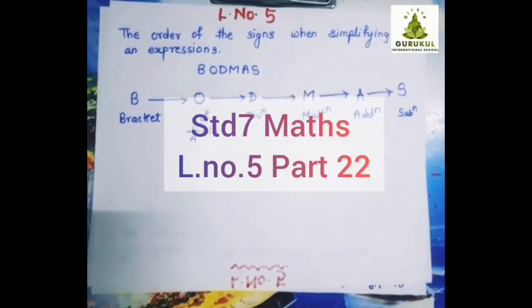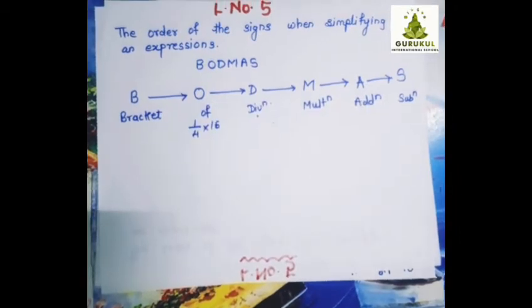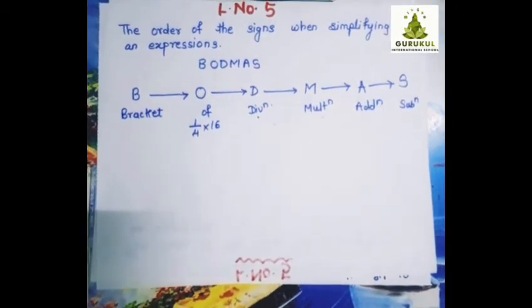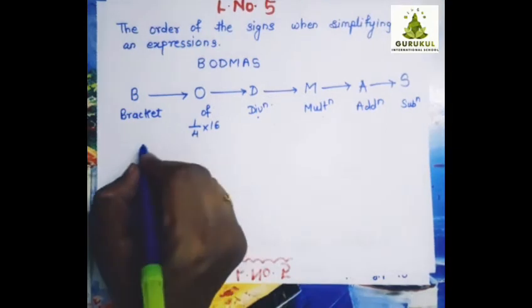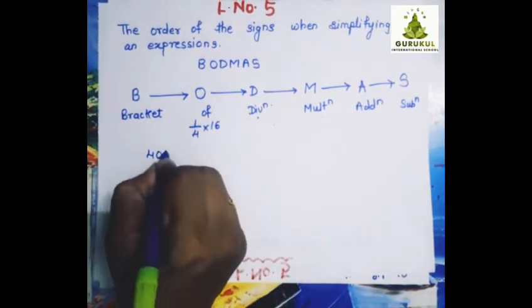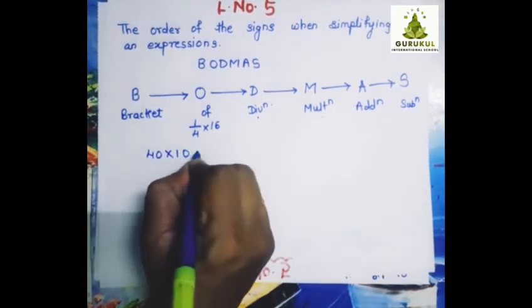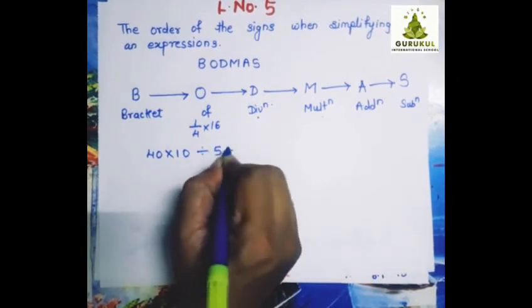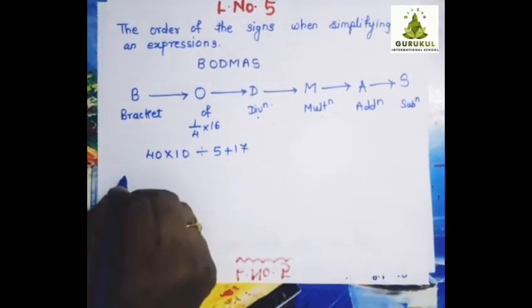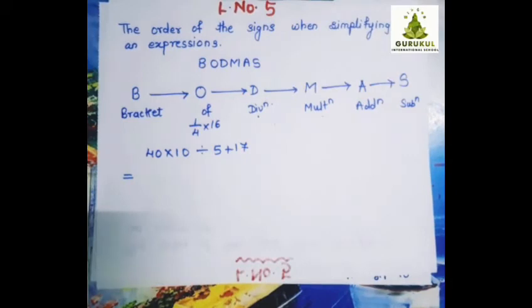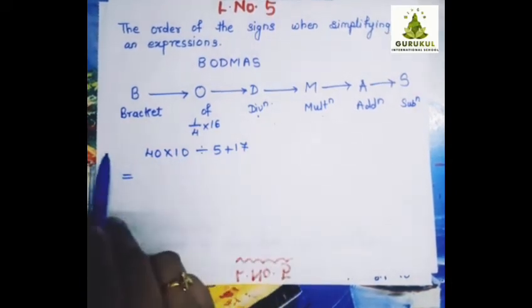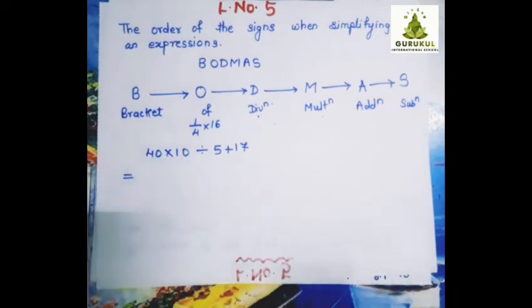Now, to verify this BODMAS rule, in our textbook some solved examples are given. Let us see those. 40 into 10 divided by 5 plus 17. As per the rule, starting from left to right, whichever operation comes first, let it be division or multiplication, that should be carried out first.